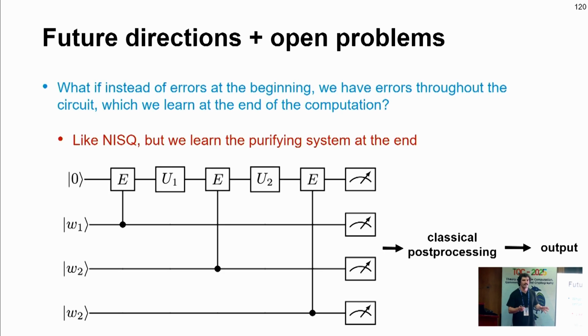Maybe, and I'm not an experimentalist, you set up a lot of sensors around your system, and you can probe what happened during the computation, and then apply some classical post-processing at the end. So I pose for anyone interested this question of what happens if you define an analogous model to half BQP, but you have errors throughout the circuit whose purifying system you learn.